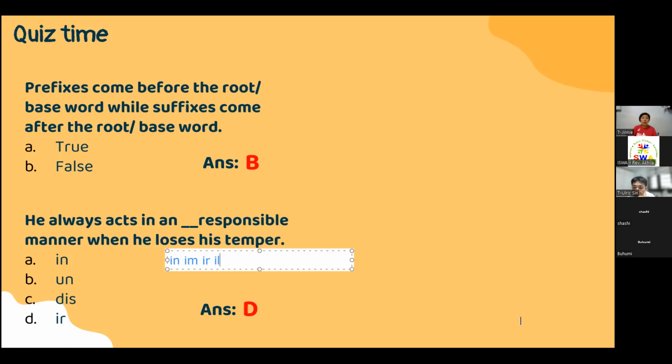For example, when you have a word like responsible that starts with R, you actually use ir, because the word starts with an R. And for words like illegal, meaning not legal, you use il because it follows the first starting letter. Buhumi, I hope I've explained a bit more why it is ir and not in.